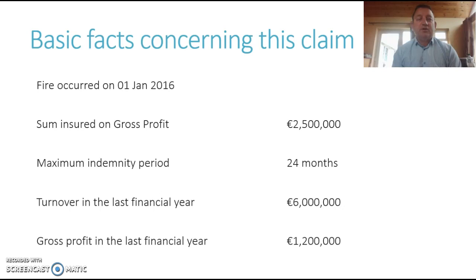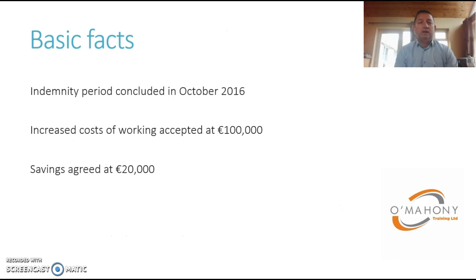The fire occurred 1st of January 2016. The sum insured in gross profit is 2.5 million. The maximum indemnity period 24 months. The turnover achieved in the last financial year is 6 million, and the gross profit, again in the last financial year, is 1.2 million. So we have an indemnity period which has concluded in October 2016.